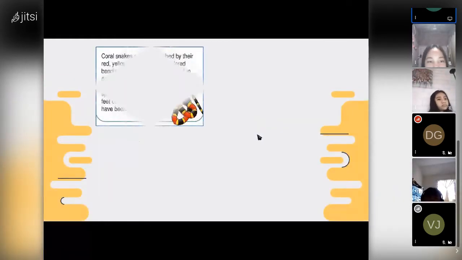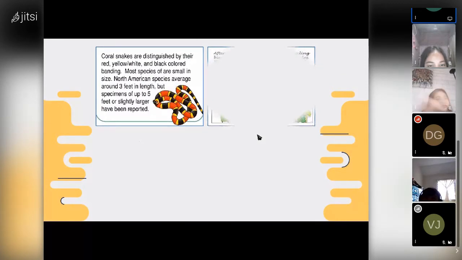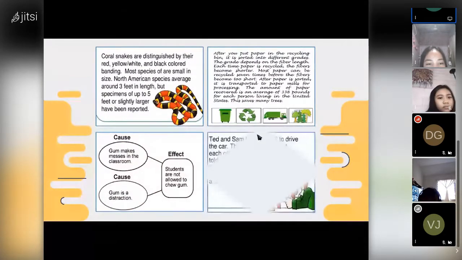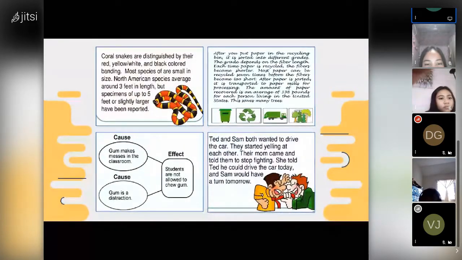Okay, first picture, second picture, third picture, and the fourth picture. Look closely at the pictures and see how the information is organized.